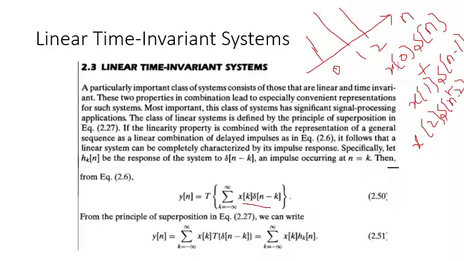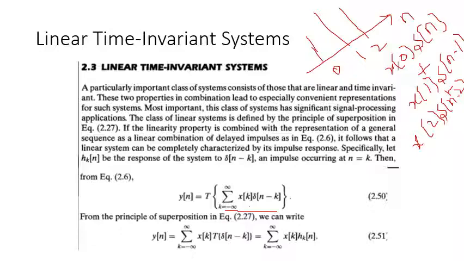This is what we have done here: x of k, with k as the running variable, times delta of n minus k. So we have represented an input with the help of shifted and scaled versions of delta impulses. This is just the input, represented with the help of impulses.